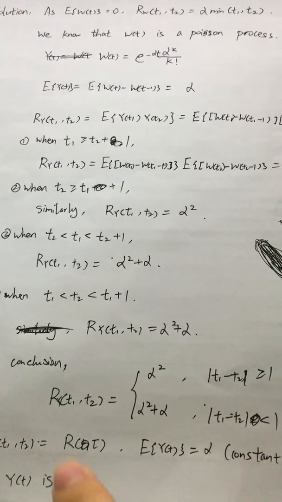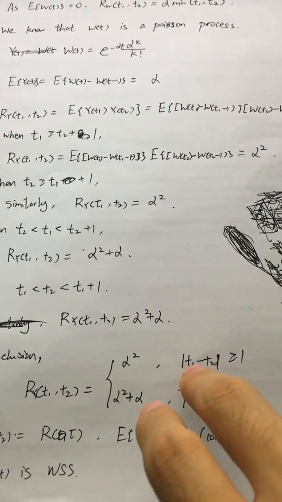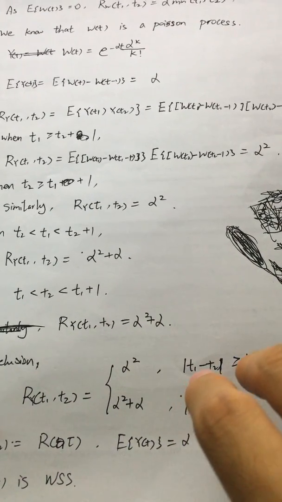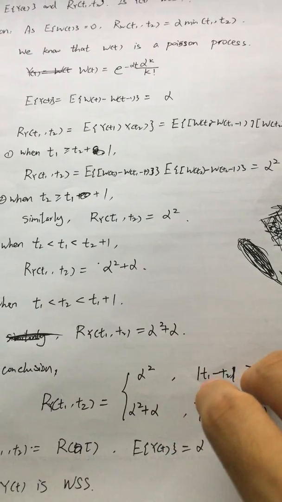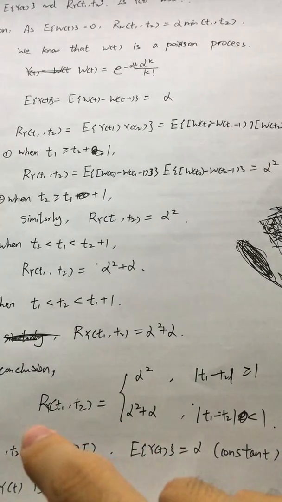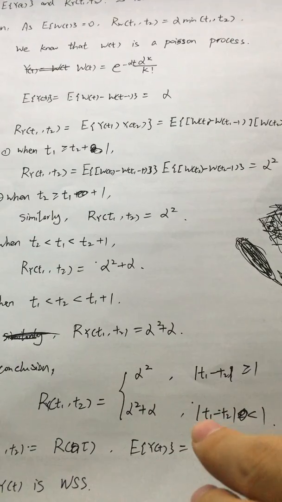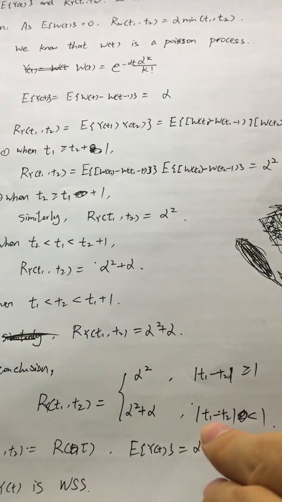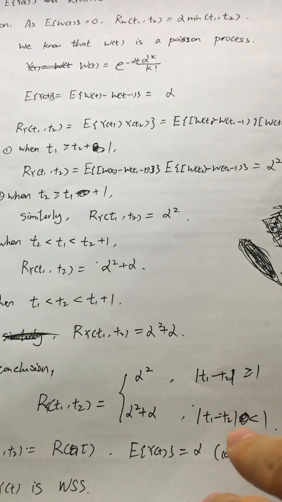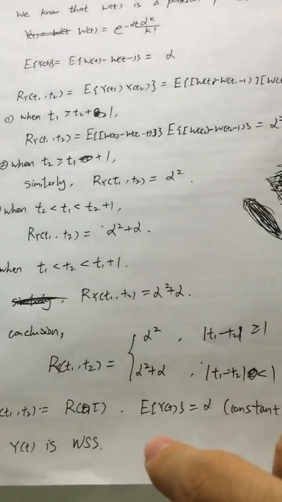And in conclusion, we can write down R_Y(t1, t2) is equal to alpha squared when |t1 - t2| is larger than 1. This is the first and second conditions. And it's equal to alpha squared plus alpha when the absolute value of t1 minus t2 is less than 1, which is the third and the fourth condition.